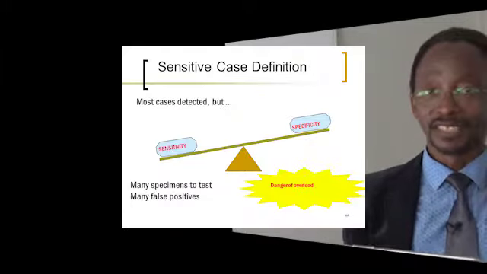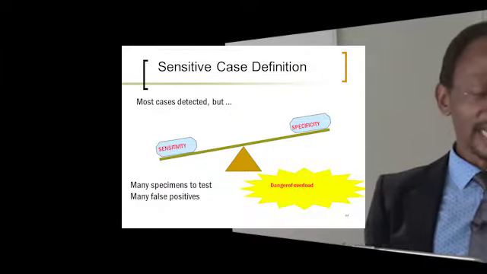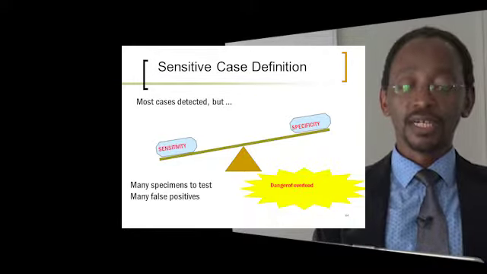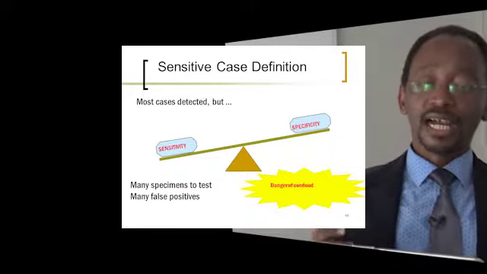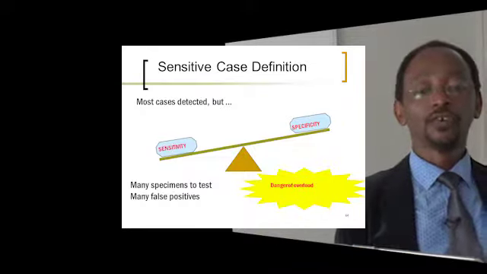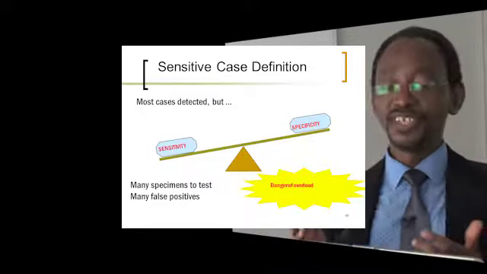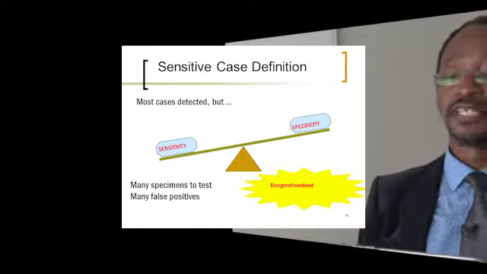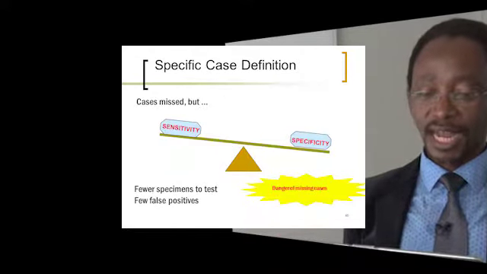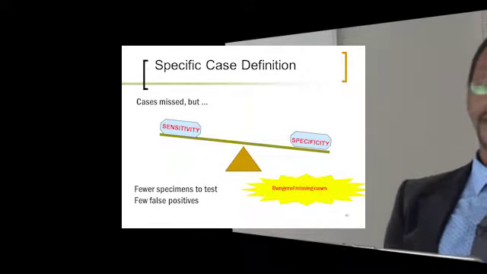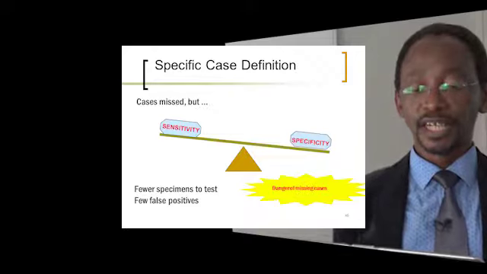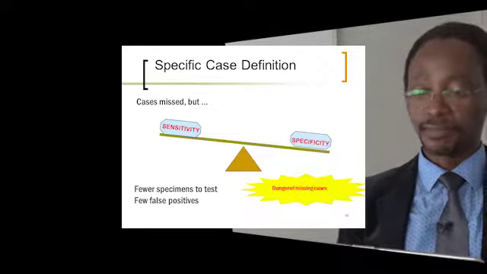A very sensitive case definition but with a low specificity will bring in a lot of false positives, while a very specific case definition but with low sensitivity will bring in, you will miss so many cases, false negatives. So we have to balance. If it is very sensitive, you may overload the health system, and if it is very specific, you have the danger of missing some cases.